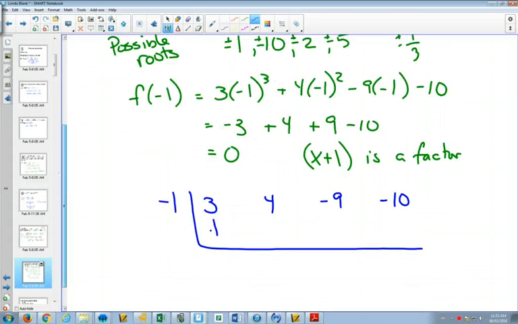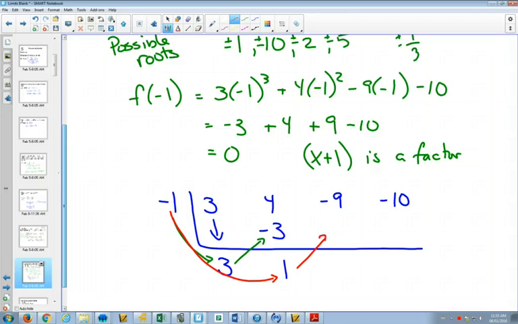You bring the first number down, 3. Multiply negative 1 times 3. Get negative 3 there. So this gets multiplied by this and goes there. And then you add. 4 plus negative 3 is 1. Then you take your negative 1 and multiply it by your 1.